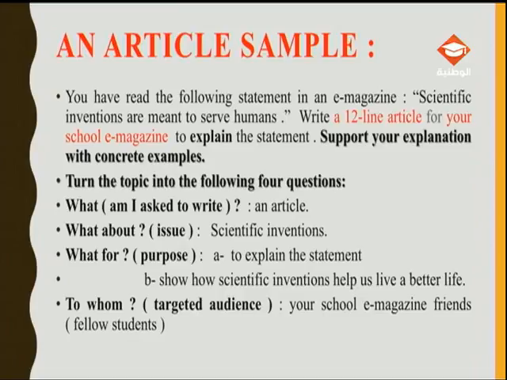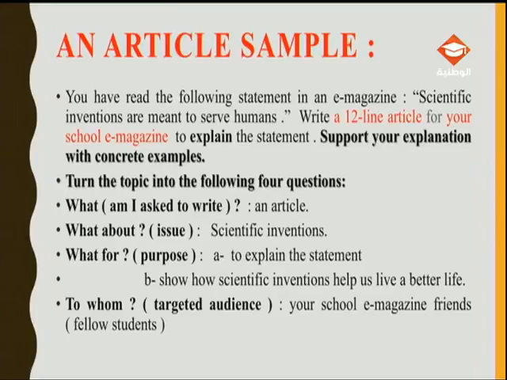So the purpose, of course, I'm going to explain the statement by showing how scientific inventions help us live a better life. Because the quote says scientific inventions are meant to serve humans. So they have advantages only.